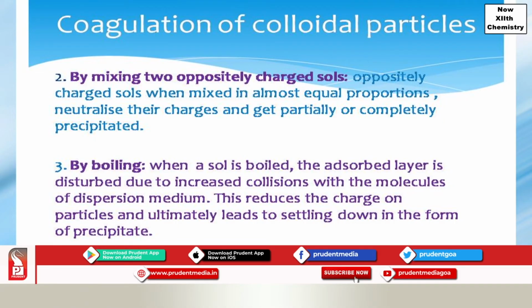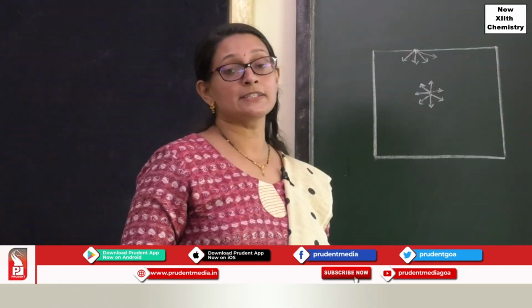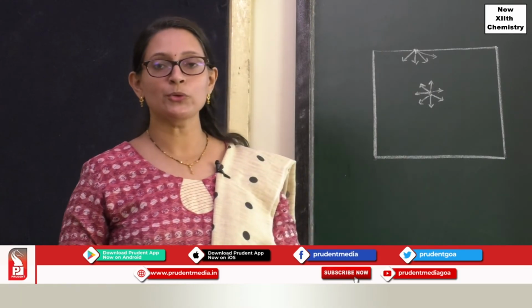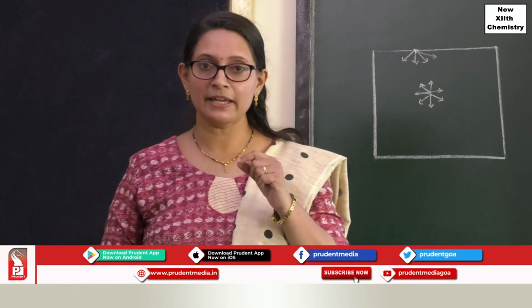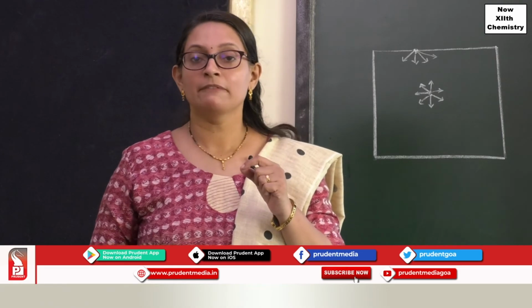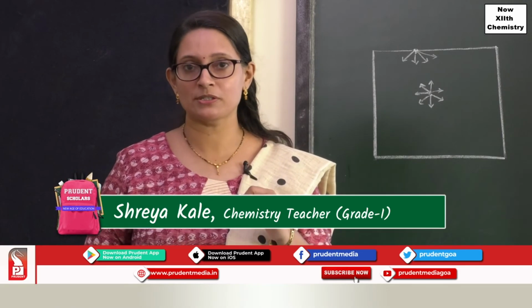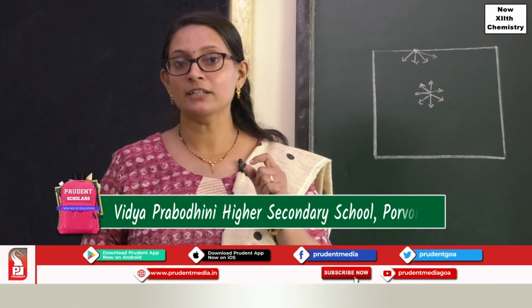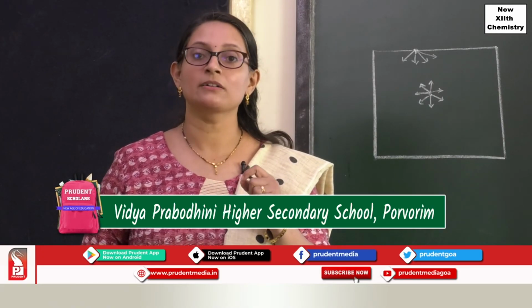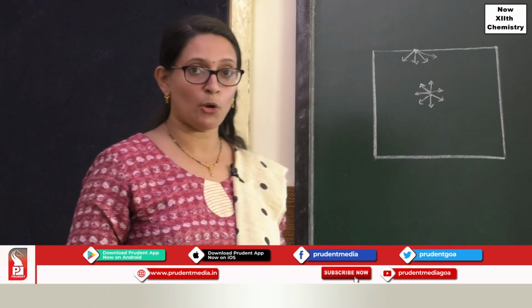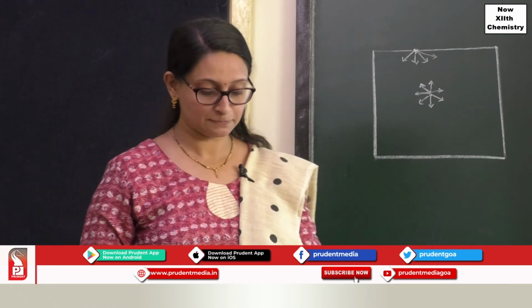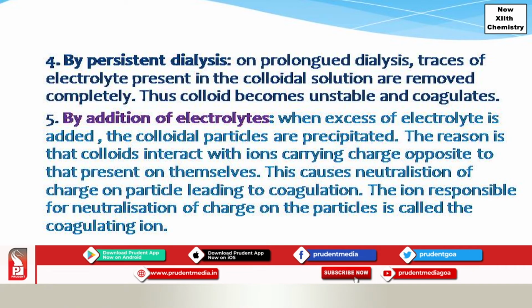The third one is boiling. When you excessively boil a colloid, what is going to happen? The adsorbed layer on the colloidal particle, which is responsible for its charge, will get reduced, and when the charge is reduced, we are actually converting a colloid into a precipitate. So, boiling causes coagulation. The fourth method is persistent dialysis.